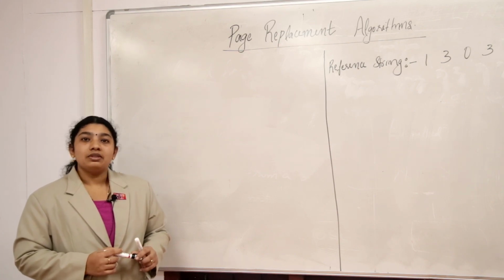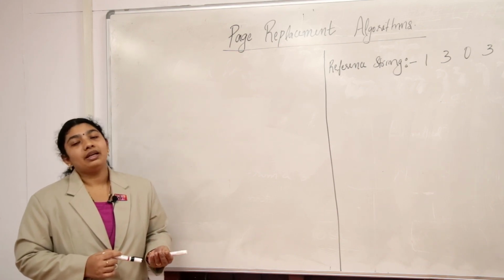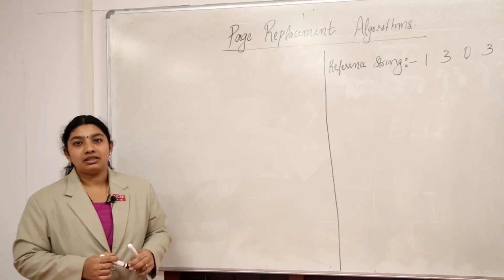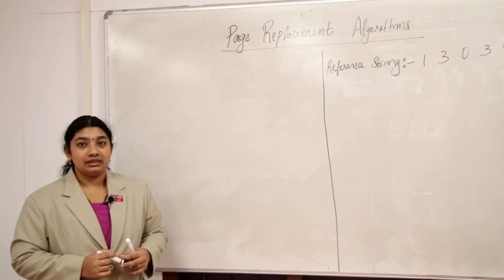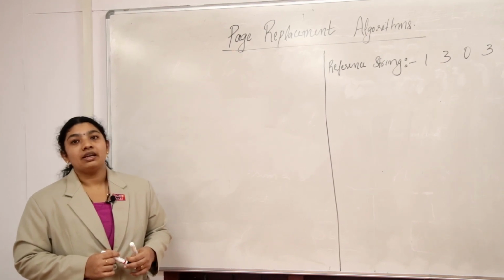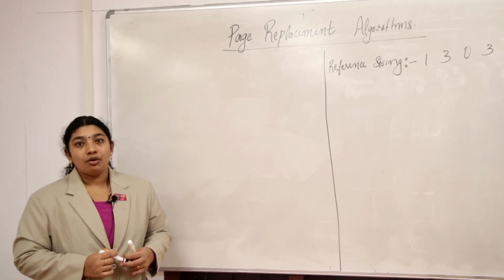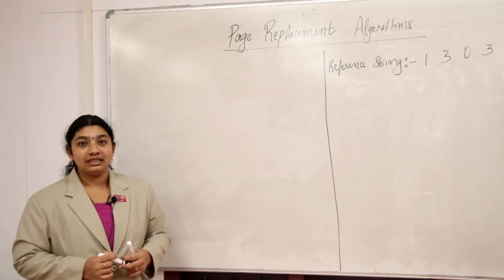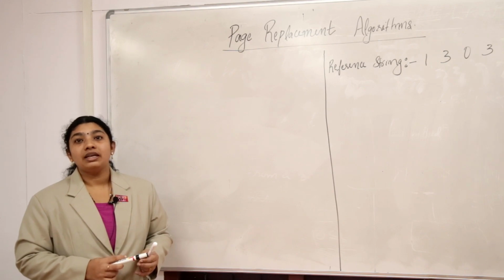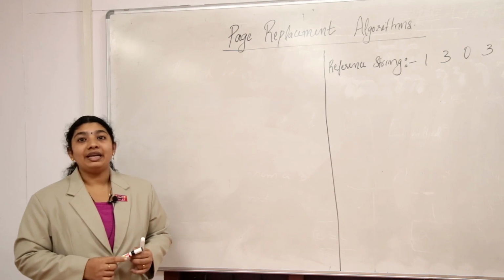But sometimes when we check, the page will not be present in the physical memory. That is called a page fault or page miss. So whenever the page is present, we call it a page hit, and whenever the page is not present, it is a page fault or page miss.